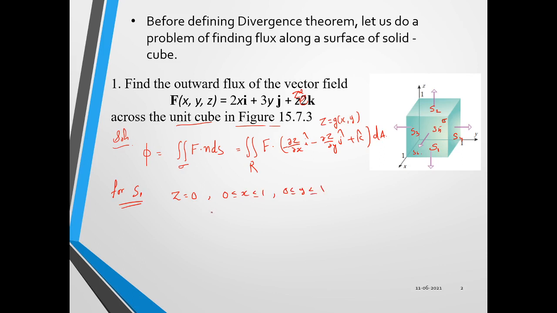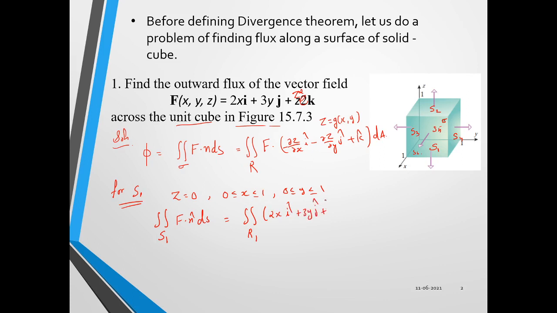Now first we will find the flux integral along this. That means if we want to find the total flux, we will find the flux across the 6 faces. So the double integral over S1 of F dot n dS is equal to the double integral over R1, as I am calling this projection. F is 2x i plus 3y j plus z square k.